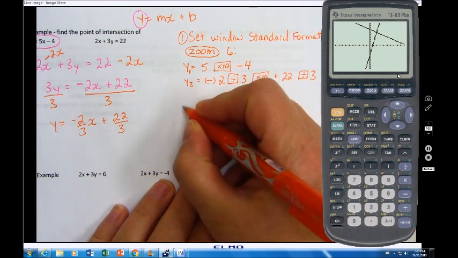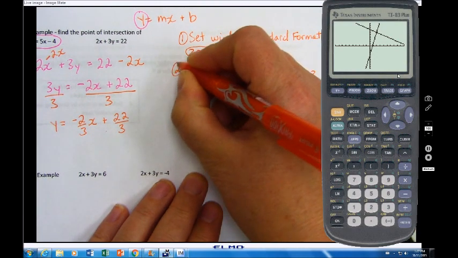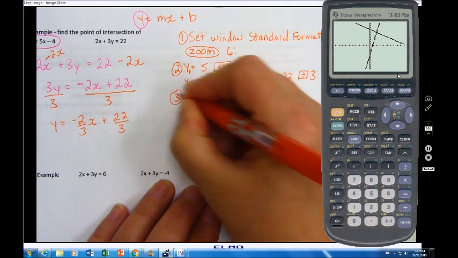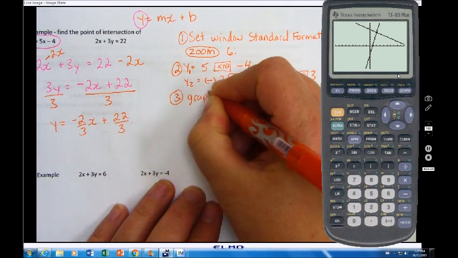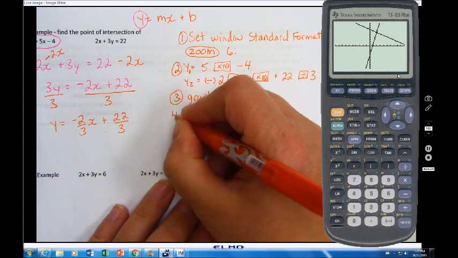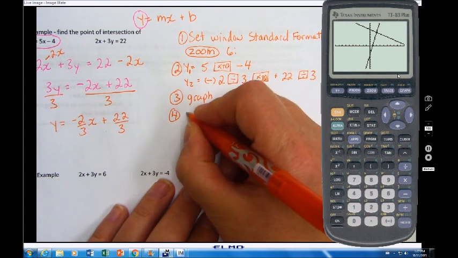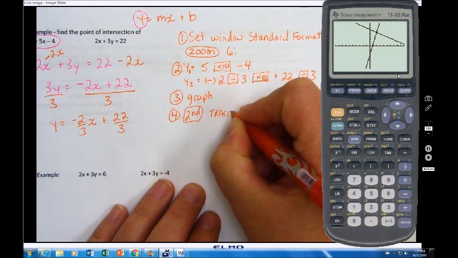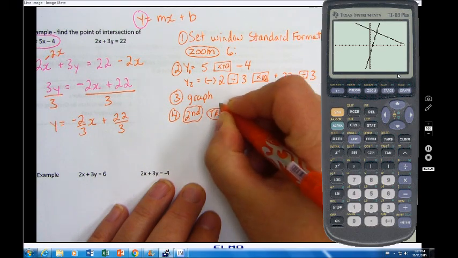So 1, we set the window. 2, we put our equations in. 3, we graph. And then 4, we'll find the intersection, which is second function, trace, which gives you the calc.